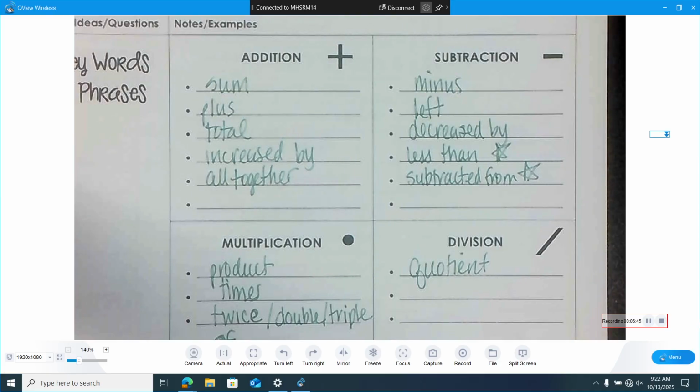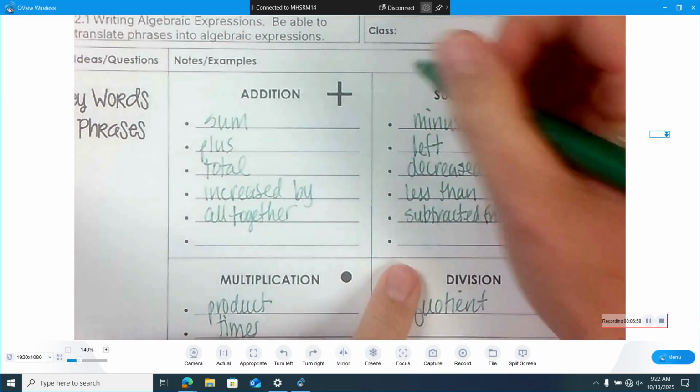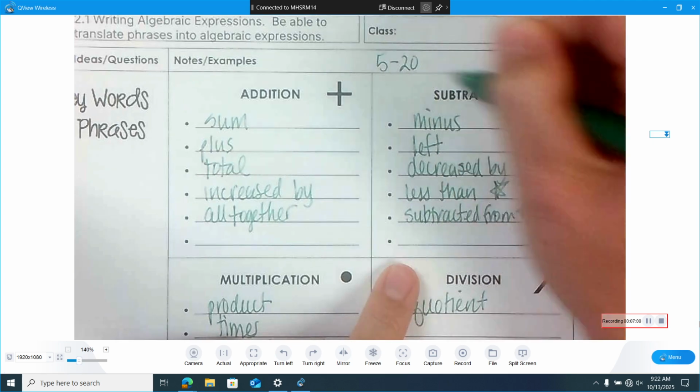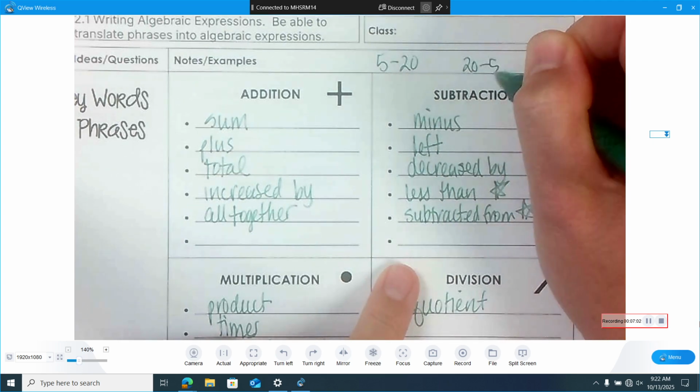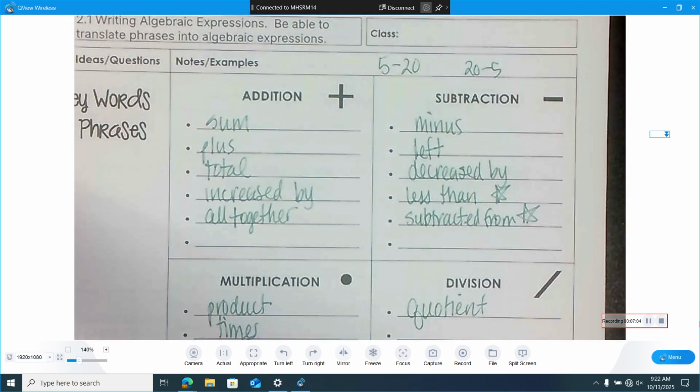When we say less than, than says we have to have something to compare it to. So if I said 5 less than 20, would we write 5 minus 20, or would we write 20 minus 5? We would write 20 minus 5.